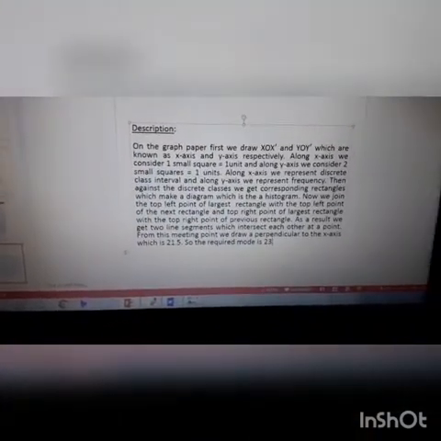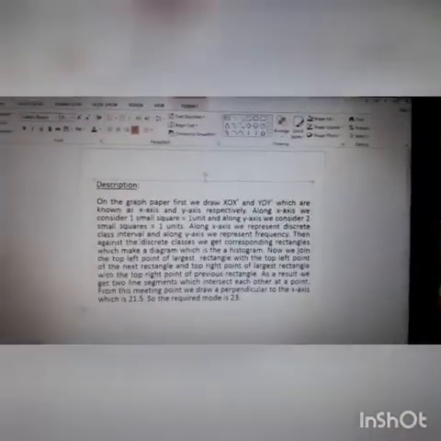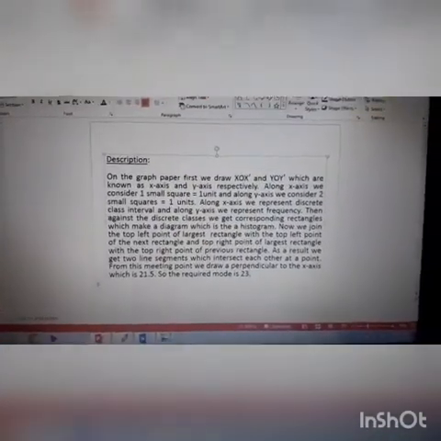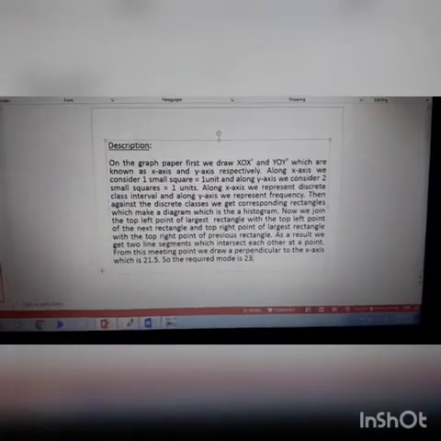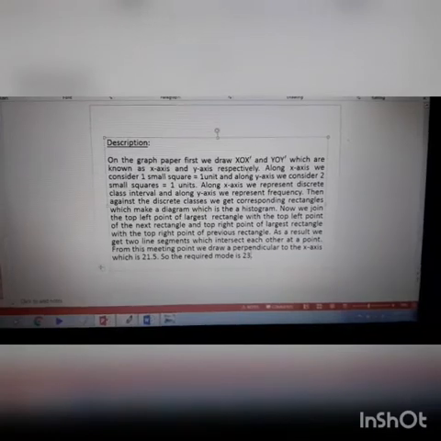Now we have to describe how we can draw the histogram. First we will describe it in detail, then I will read out the description on the graph paper. First we draw X'X and Y'Y, which are known as the x-axis and y-axis respectively.